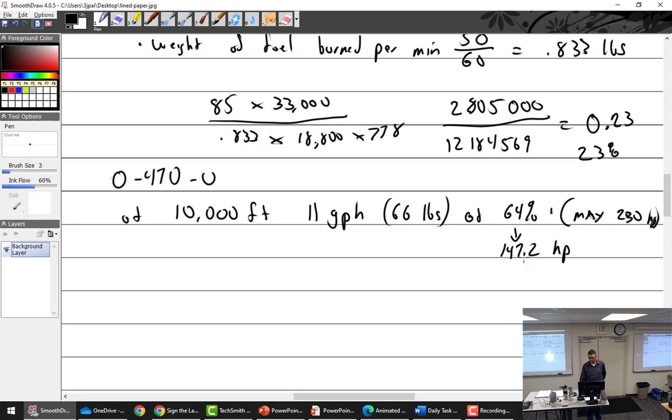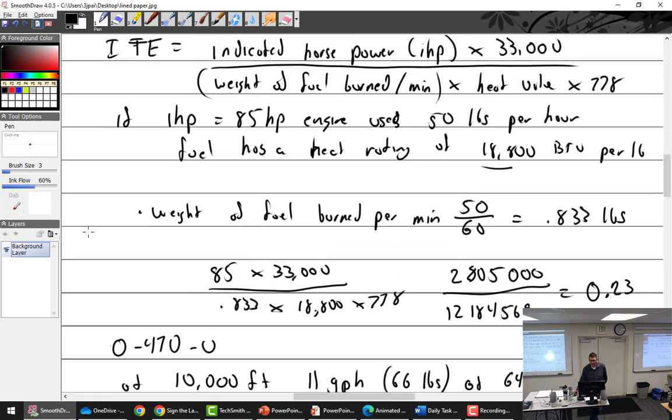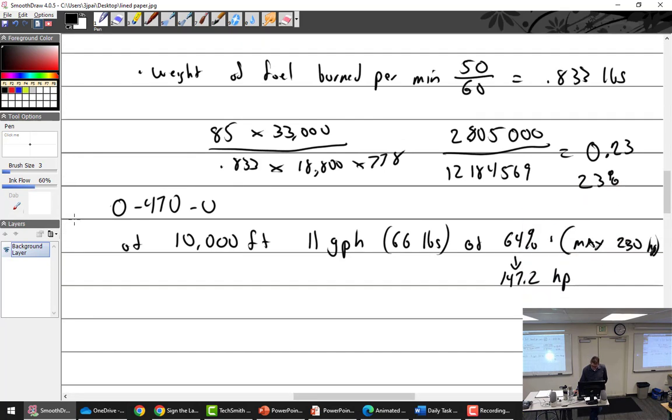So I'm at 147.2 horsepower. What is the formula then? We want indicated horsepower times 33,000.